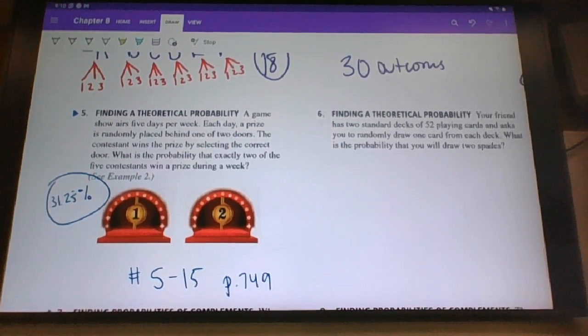Guys, none of the rest of them are that long. And the first 2 are the most difficult.